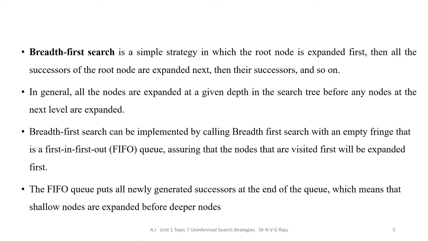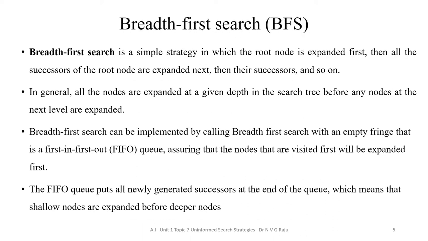In general, all the nodes at a given depth in the search tree are expanded before any nodes at the next level are expanded. BFS can be implemented using a FIFO queue, first in first out, assuming that all the nodes that are visited first will be expanded first. A FIFO queue puts all the newly generated successors at the end of the queue, which means the shallow nodes are expanded before deeper nodes.